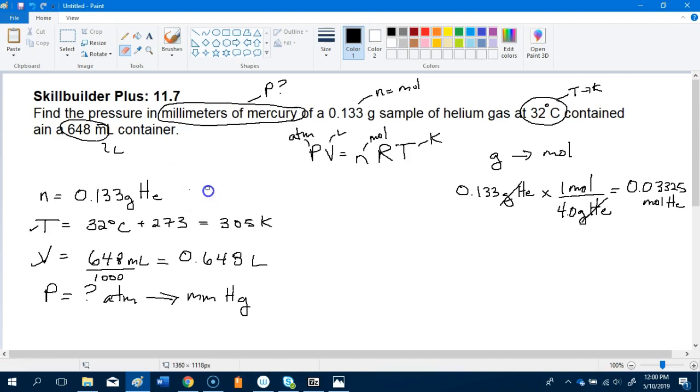And that is what 0.133 grams is equal to, 0.03325 mole of helium, not a diatomic molecule.